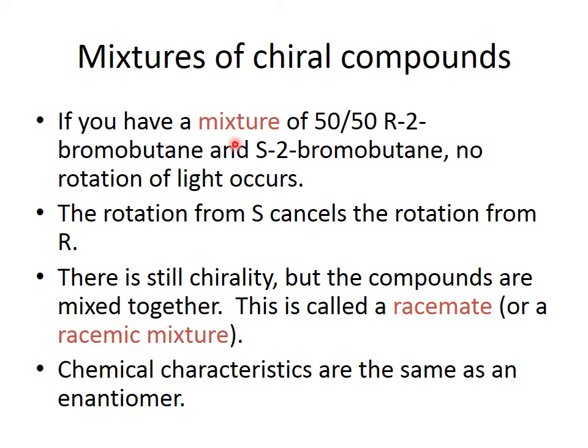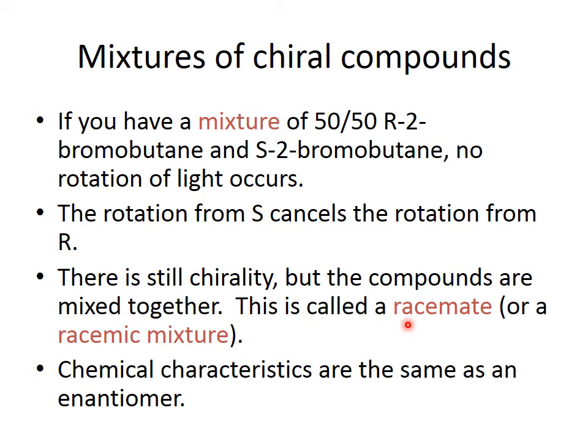So you would find that the mixture did not rotate light. However, you can have 40-60 mixtures and there will be a net rotation of light. The compounds are still chiral, it's just you can't detect it because the S rotation cancels the R rotation.